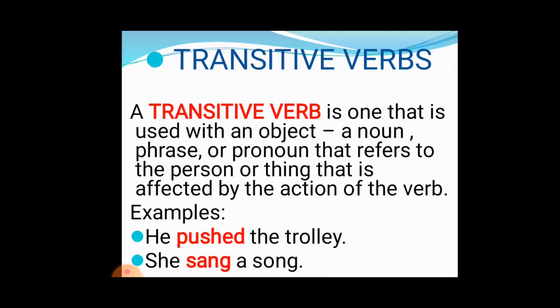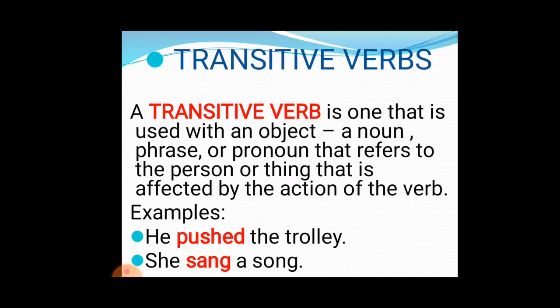See, object is the word which gives the answer of what or whom in a sentence. Let's see here. He pushed the trolley. So here we are getting the answer of what he pushed. He pushed the trolley. So the trolley is the object here, and pushed is a transitive verb, because this verb is used with an object, meaning an object is required with this verb.